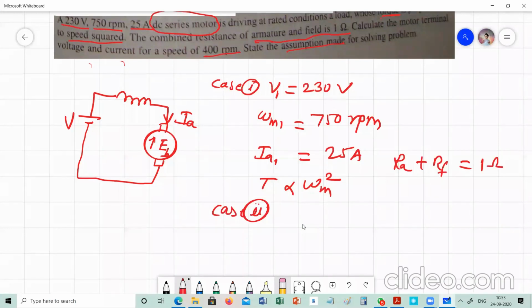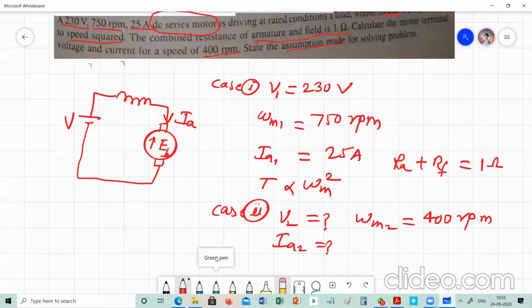Calculate the motor terminal voltage, V2, and current IA2 for a speed of omega m2 equal to 400 rpm. Okay, now we will solve this problem.